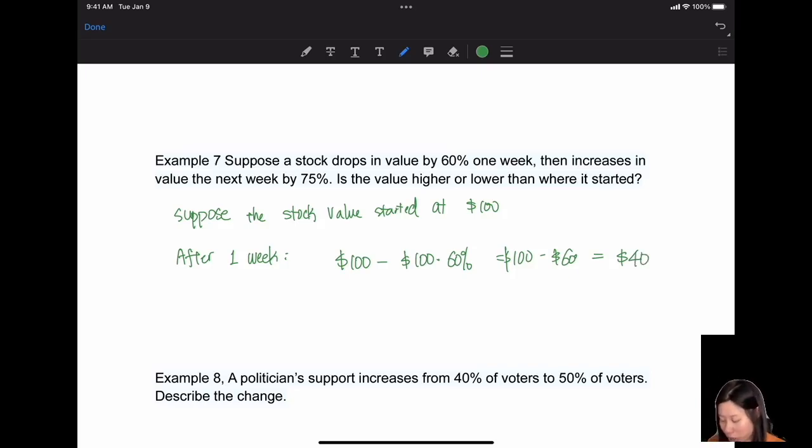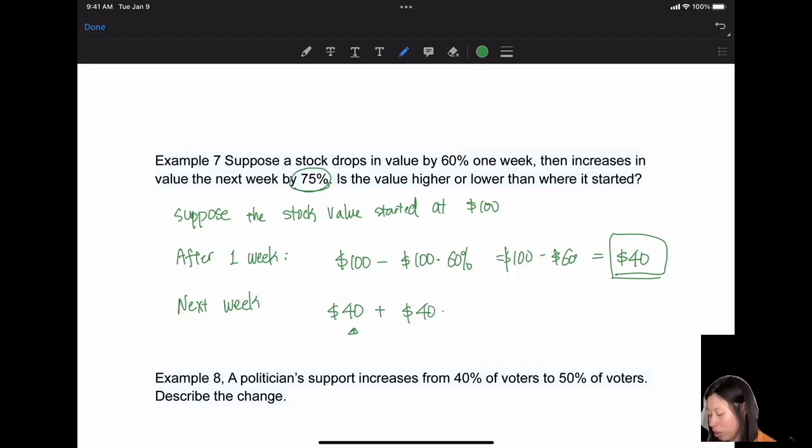And then next week, the stock increased 75%. Here's the catch. The base is going to change, because when we talk about an increase of 75%, we base it on last week's value, which is $40, not $100. So when we're computing the 75% increase, we use $40 as the base.